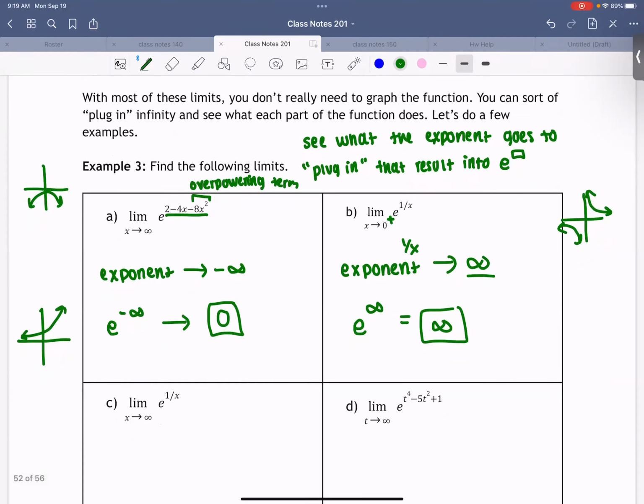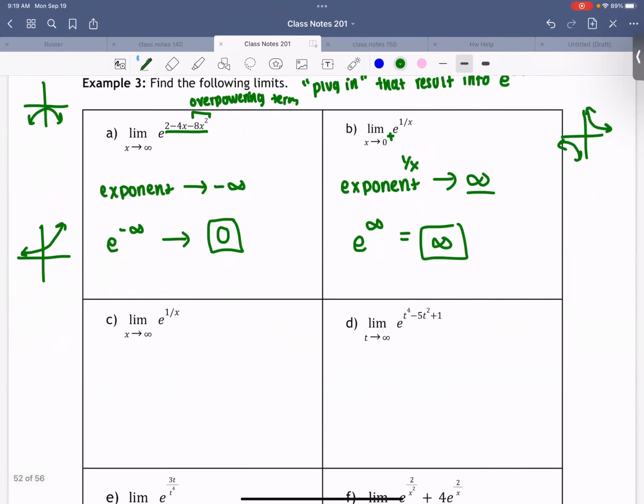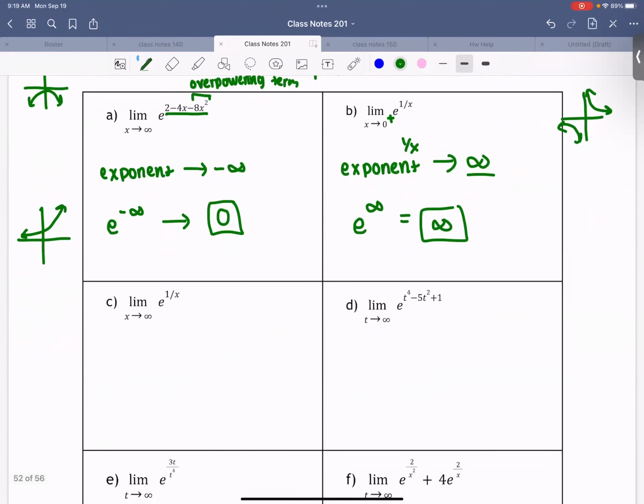All right, I'm gonna do 2 more and I swear I'll let you on your own. Okay, part C, same sort of question, but instead of approaching 0, we're approaching positive infinity, okay? So we're gonna take our exponent, which is 1 over x, right? What is 1 over x, our exponent, approaching as we go to positive infinity? 0, right? 1 over x is approaching 0 as we're plugging in really big numbers, right?